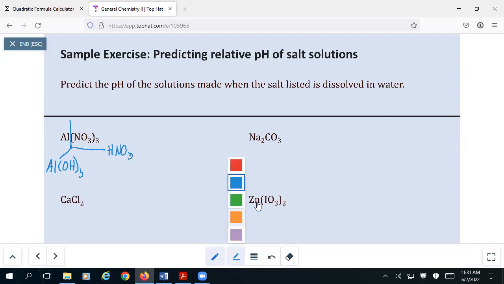So what I have here is a weak base, aluminum hydroxide, interacting with a strong acid, nitric acid. The acid is the stronger of the two. We would expect this to be an acidic salt.